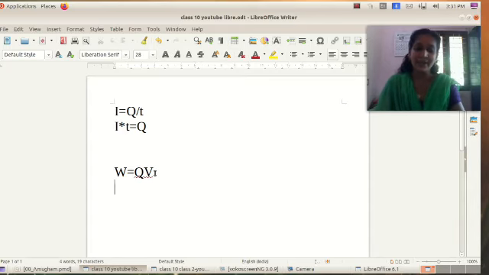By taking the denominator V to the side of work, we get the equation for finding the voltage. W by Q is equal to voltage V.